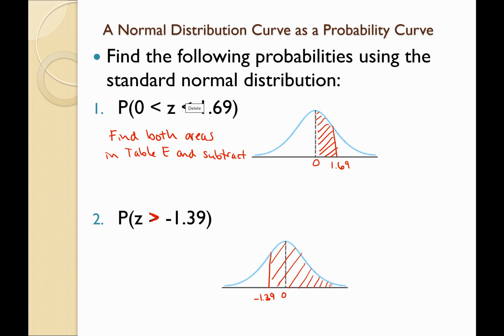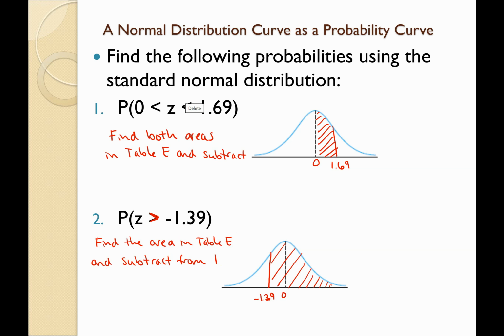So in order to find that area, just a refresher on the process that we had just gone through, find the area in table E and subtract from 1. And remember, we do have that process table that you are always more than welcome to look at.